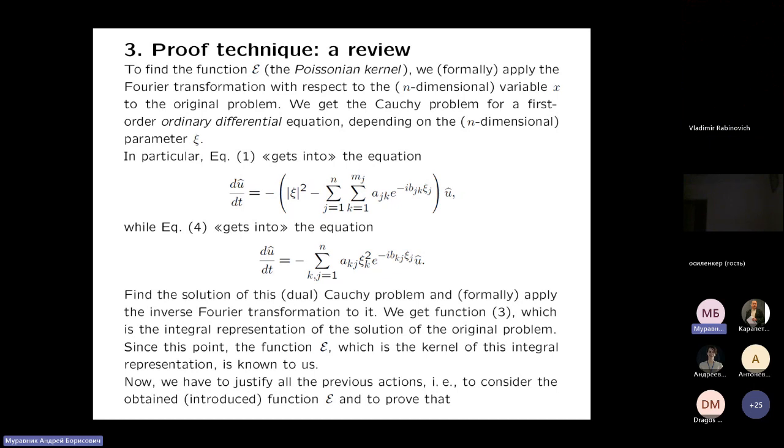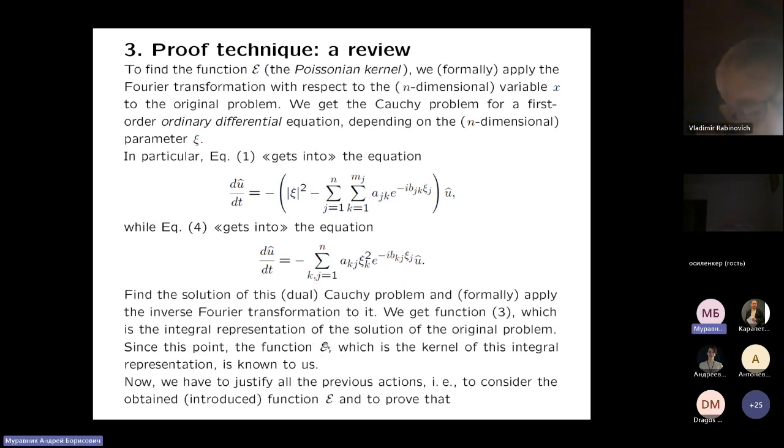Let me not get back to this function, and just let me recall that this is the convolution of our function E calligraphic with the initial value function. Once we do this, we have our function E calligraphic.